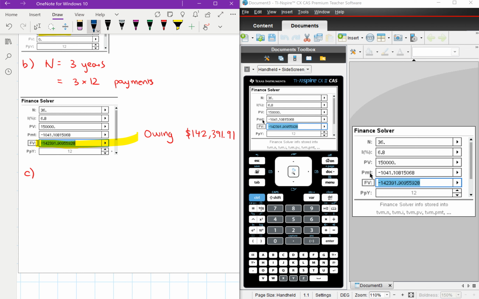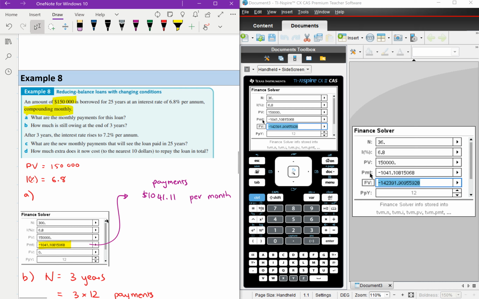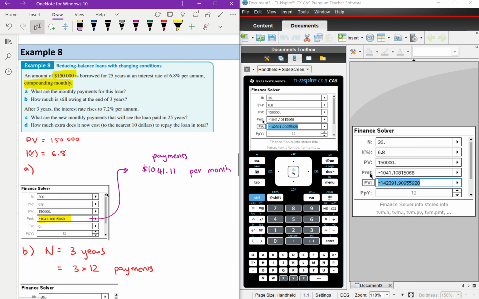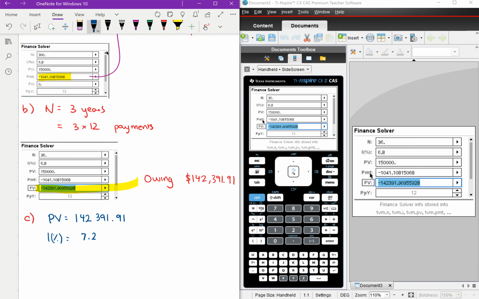You see the present value now is whatever my previous line was, which is $142,391.91. Okay, and my interest rate is now 7.2%, and then number of payments doesn't mention what the question is.